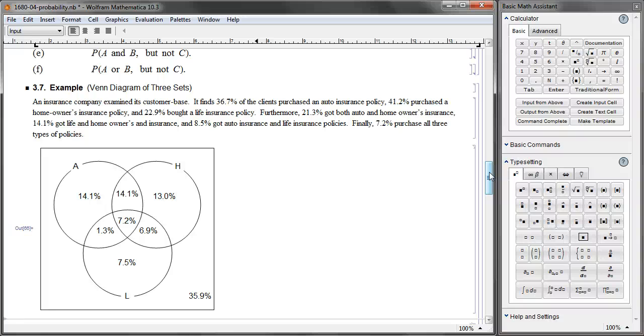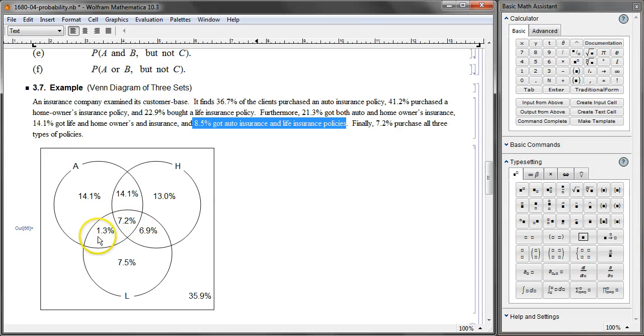And then let's backtrace. 8.5% got auto insurance and life insurance policies together, auto and life. And they add up to these two regions where I'm moving my mouse around. Intersection between A and L. And that adds up to 8.5%. Here we have 7.2%.